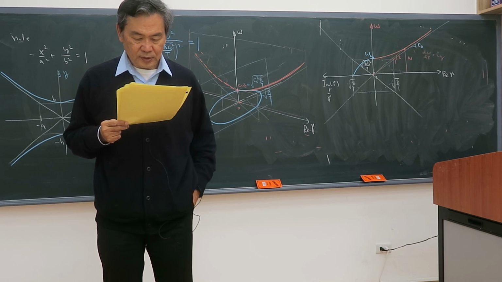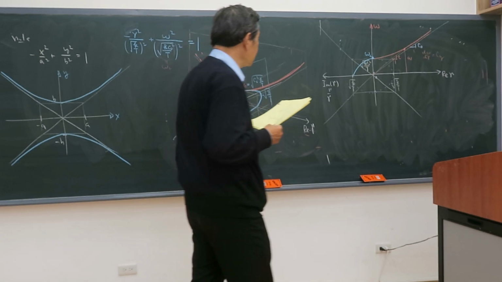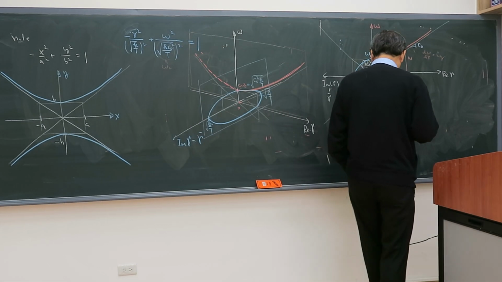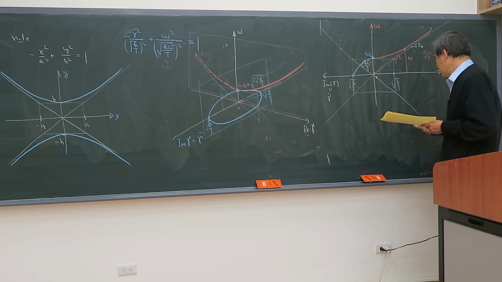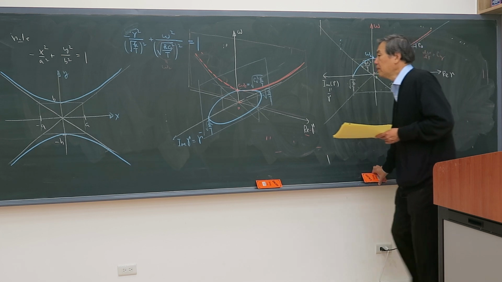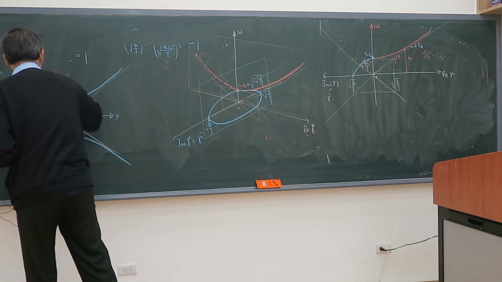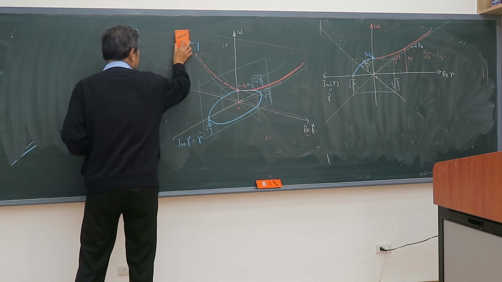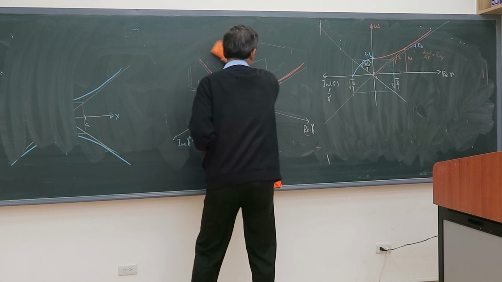So this omega and gamma curve, we define the dispersion curve as a function for velocity.